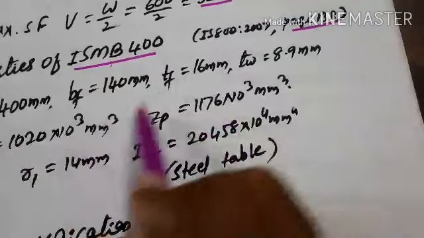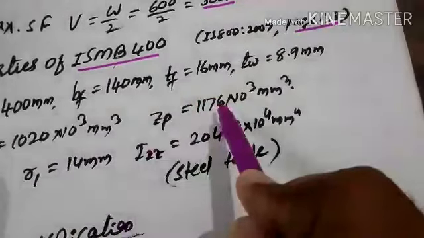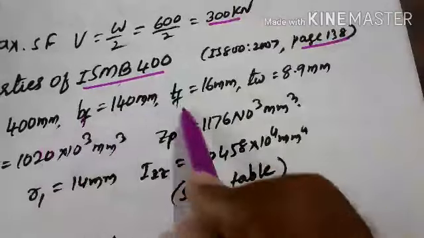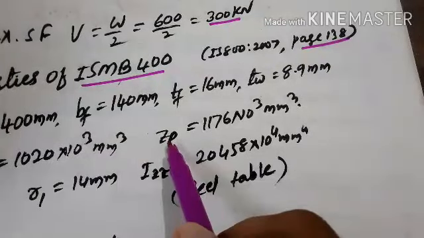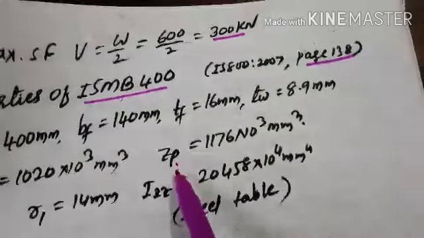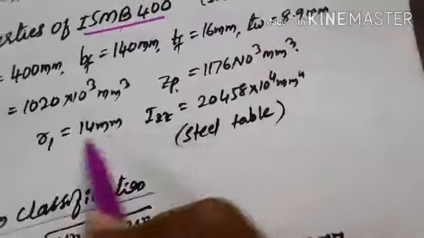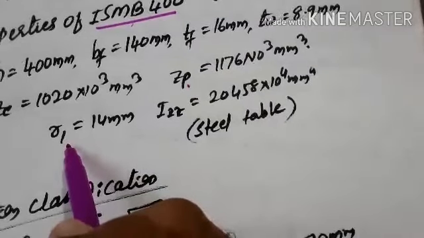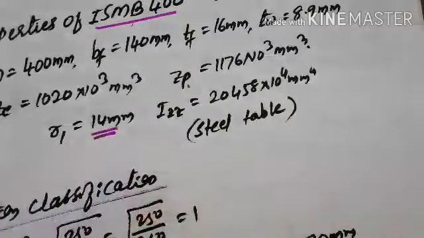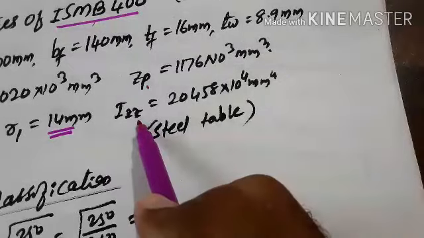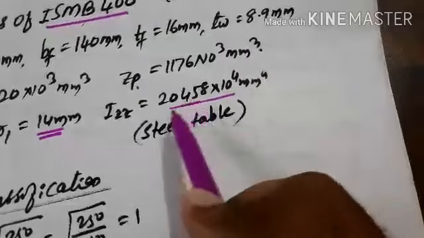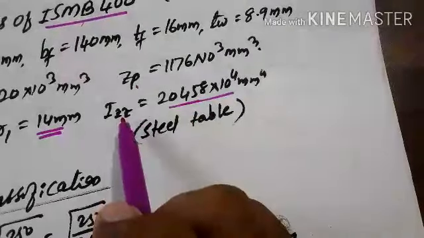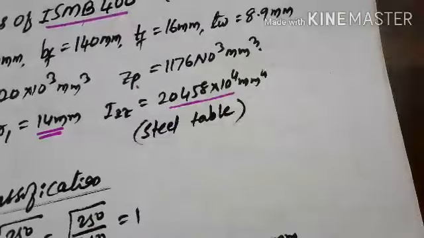All these you will get from IS 800 2007. Even you can get them from the steel table as well, but except the ZP value, which you won't get in a steel table, so you have to take it from IS 800 2007 page number 138. And R1 and IZZ, that is the root radius of the section, that is 14 mm, for this you have to refer to the steel table. And also the moment of inertia about the major axis, that is IZZ, this also you have to take from the steel table. This IZZ is required when you check for the deflection.